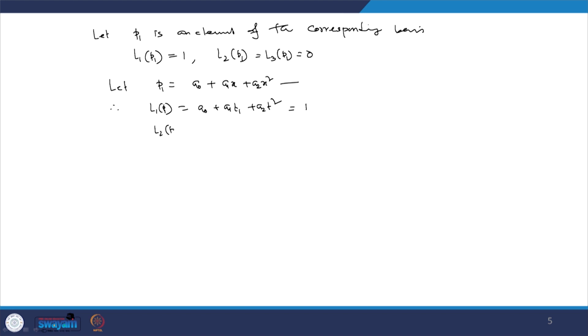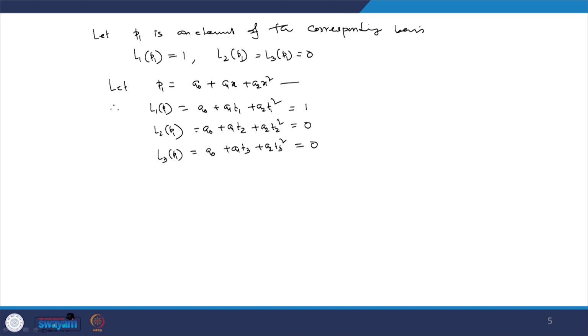L2 P1 is equal to, again, A0 plus A1 T2 plus A2 T2 square equal to 0, and L3 P1, again, is A0 plus A1 T3 plus A2 T3 square equal to 0.